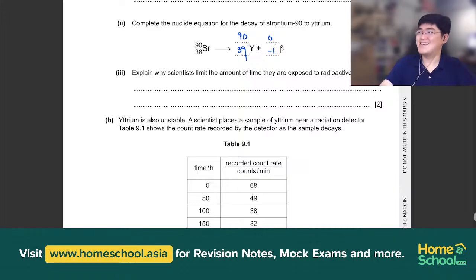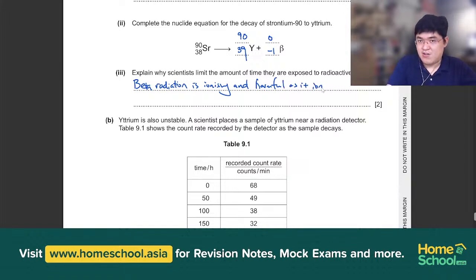It damages the human cells. So pretty much we can say beta radiation is ionizing and harmful, as it ionizes and damages human cells.